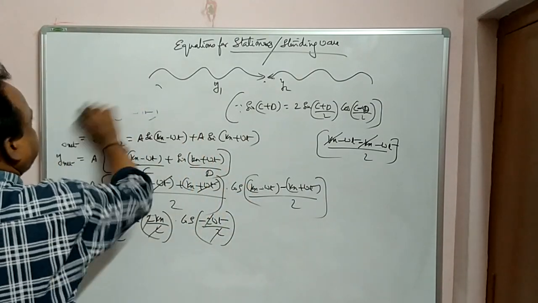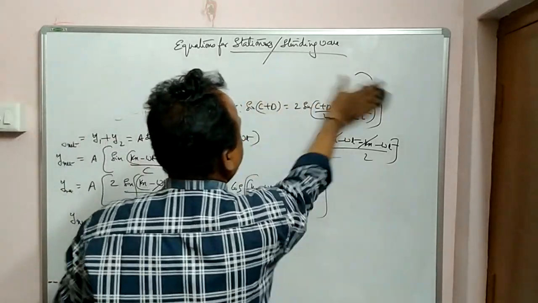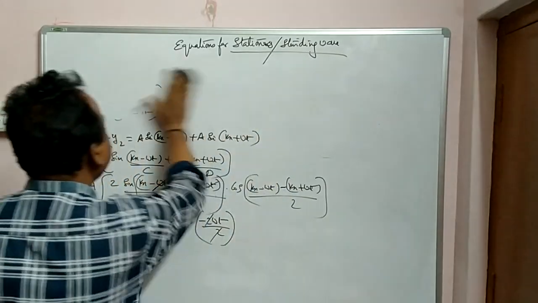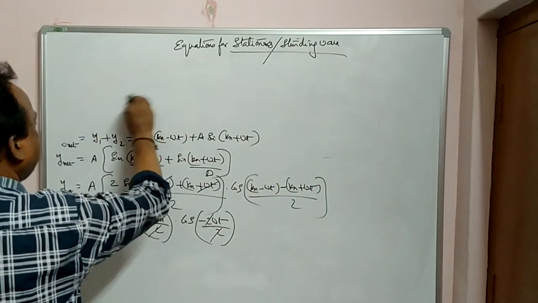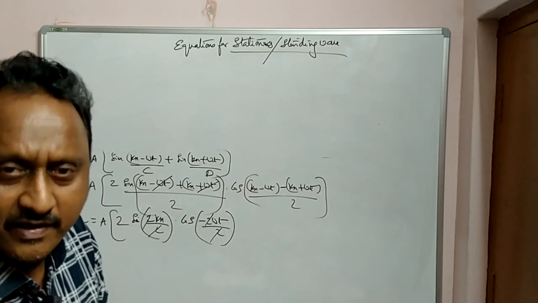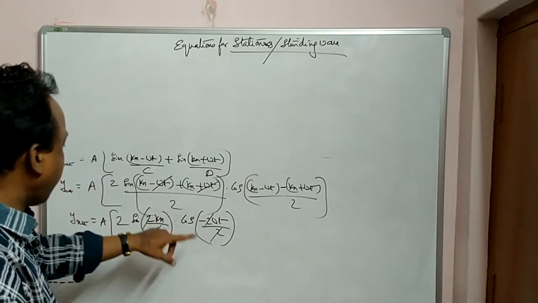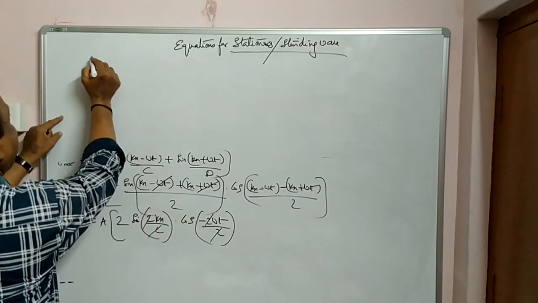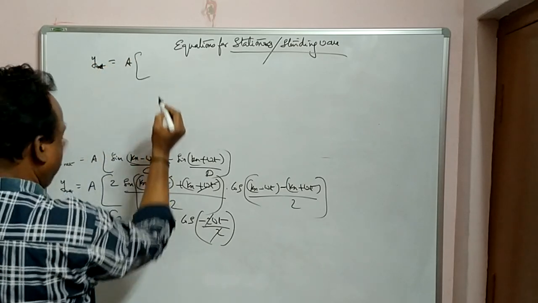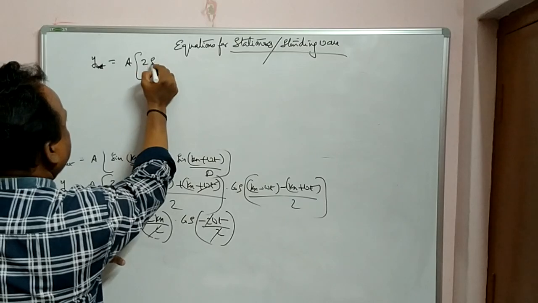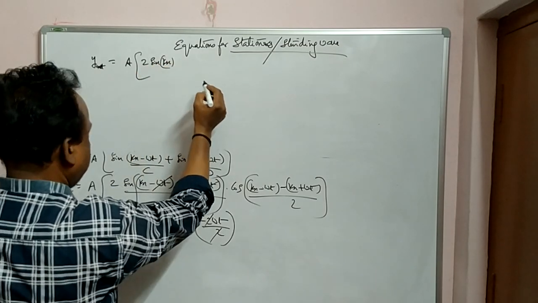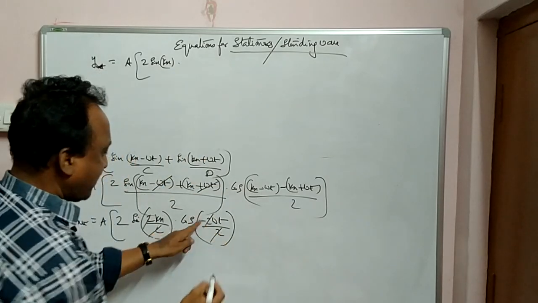Now see, as I said just now, two progressive waves having the same amplitude and frequency, traveling in the same medium, superimpose, then the resultant wave formed is called a stationary or standing wave. So finally the wave we got, y net, is A into 2 sin kx into cos of minus theta.